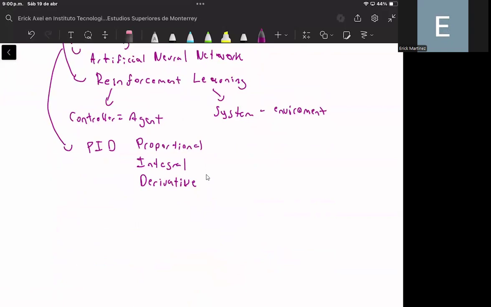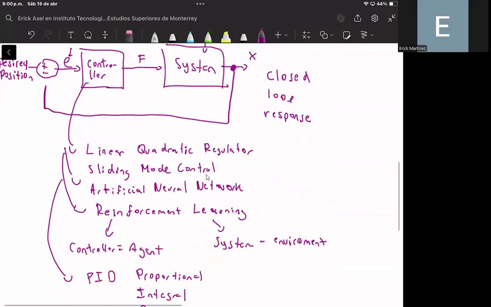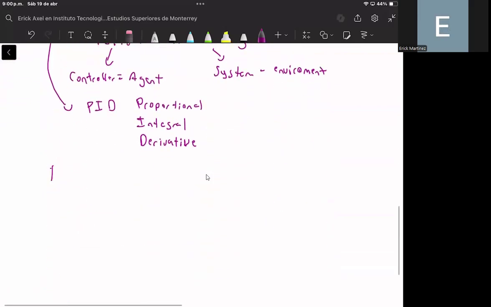In fact, the force that is output by the controller can be defined as follows. The force is equal to the error multiplied by a constant that I label Kp, and this Kp stands for the proportional control action. Proportional means that we are multiplying the error by a gain value.